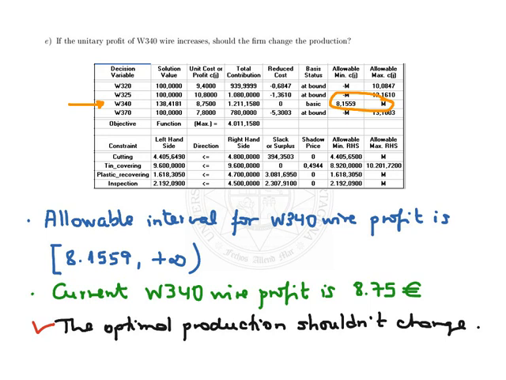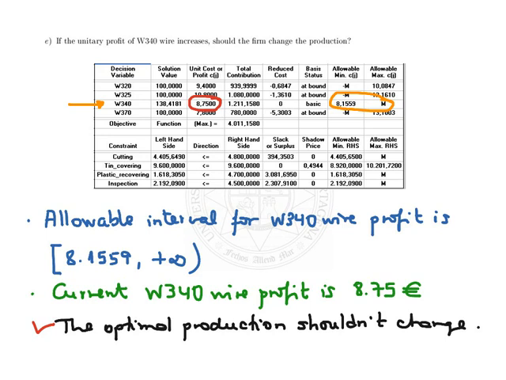So, as the current unitary profit for this wire is 8.75, if this unitary profit increases, the result would be in the interval in any case. So the final answer would be no, the optimal production shouldn't change if the unitary profit of W340 wire increases.